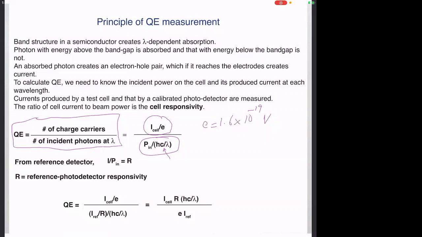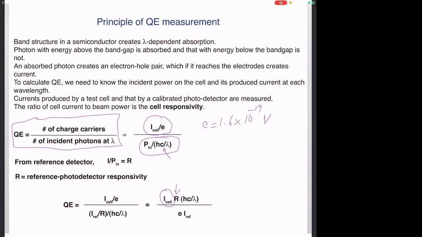You do the same measurement for the reference detector, which gives you the reference photodetector responsivity. From that, and with the measurement under the source spectrum, you can compute the quantum efficiency. So this is the measurement from the actual cell, multiplied by the reference responsivity, which is typically given when you purchase a certified reference cell.